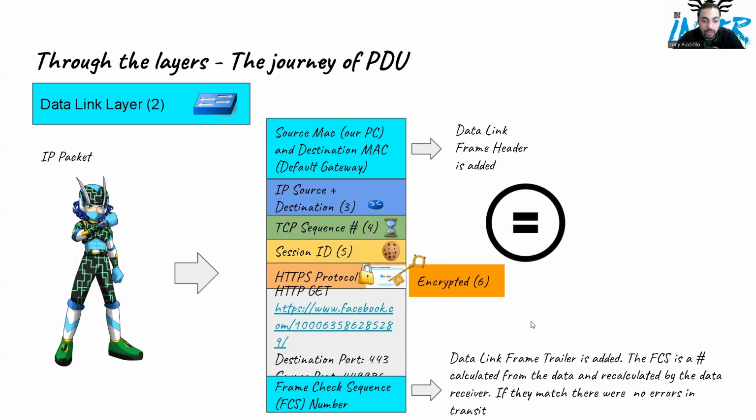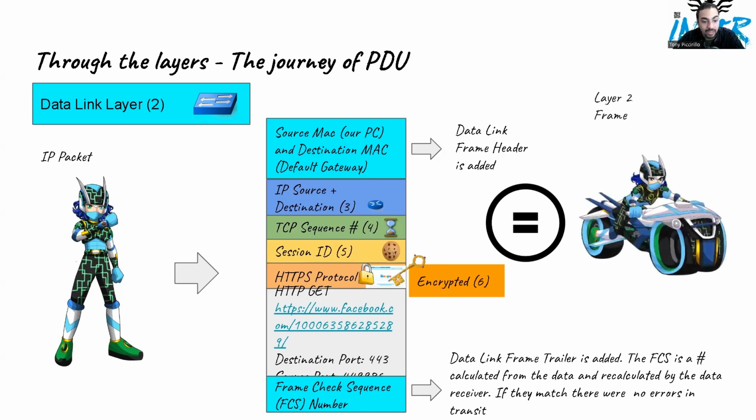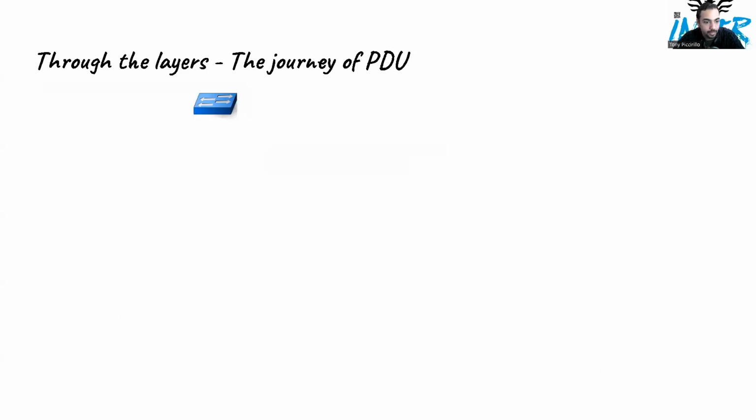So what do these new data link layer additions transform our IP packet into? The data link header and trailer make the IP packet into a layer 2 frame. Let's stay here in the data link layer to learn how this layer 2 frame will travel to its destination.